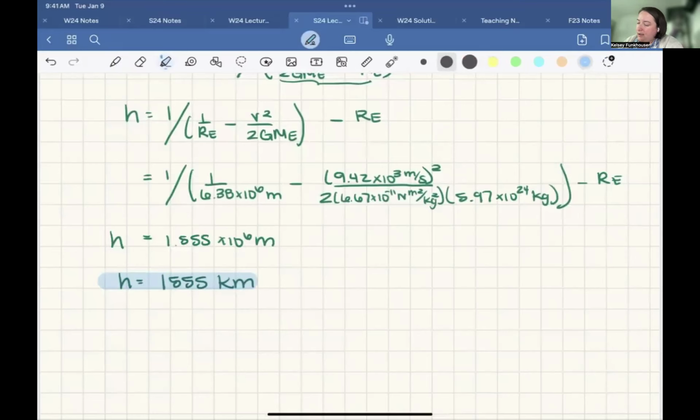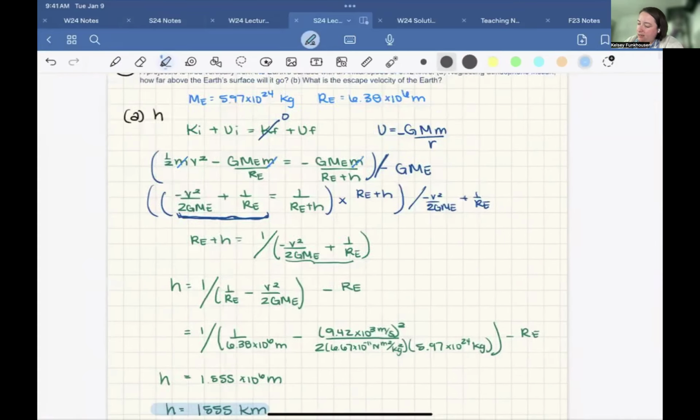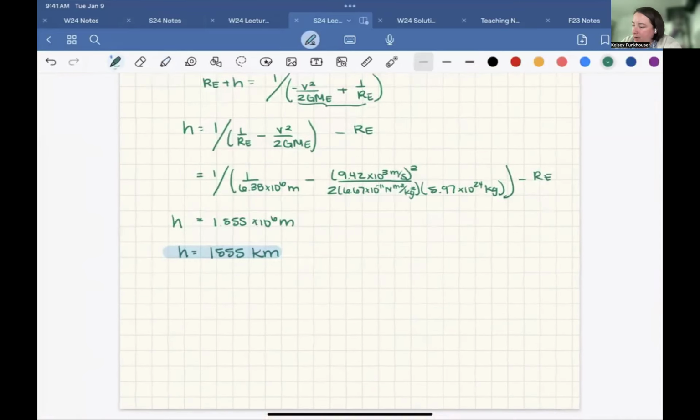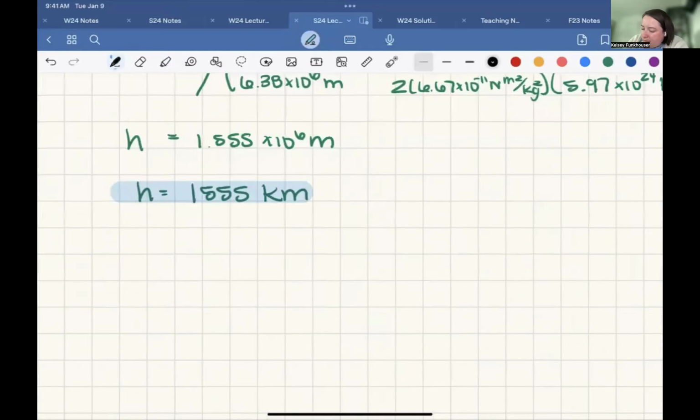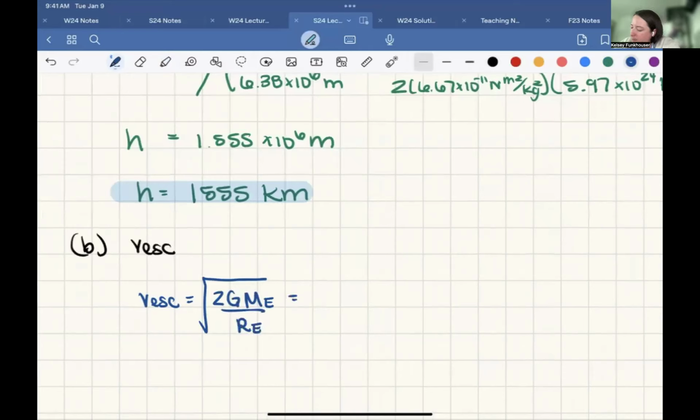Now let's find the escape velocity of the Earth so we can see how it compares to this initial velocity we have. So v escape. Just as the slides showed, the escape velocity is the square root of 2 times the gravitational constant times the mass of whatever you're escaping from, divided by the radius of whatever you're escaping from.